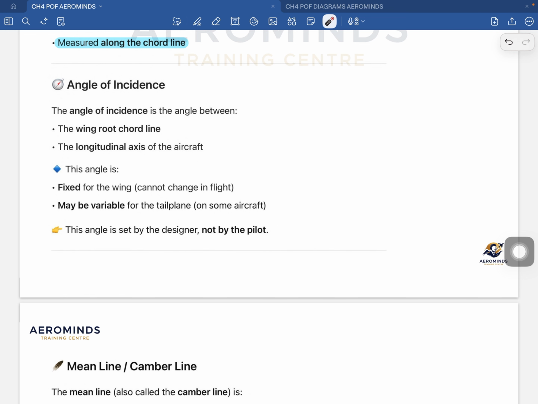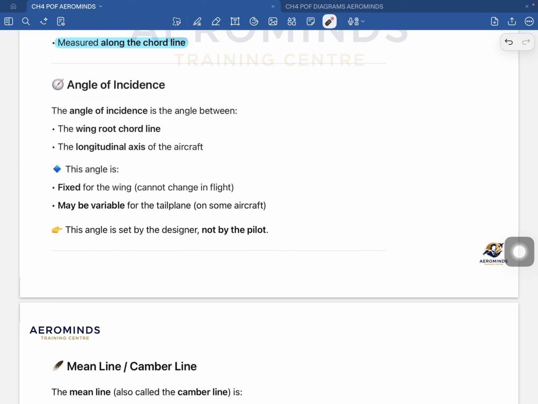So the angle of incidence is the angle between the wing root chord line and the longitudinal axis of the aircraft. This axis is fixed, and the wing root chord line is also fixed, so the angle of incidence will remain fixed, it will not change. The angle of incidence of the wing does not change during the flight, remember this.